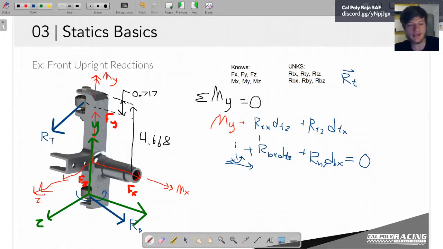And we can do that same thing one more time in the Z direction, but I'm not going to bother writing it all out because we have more important things to do.